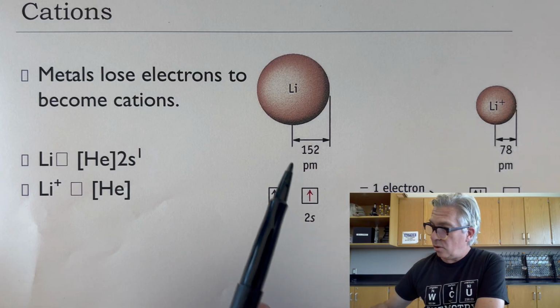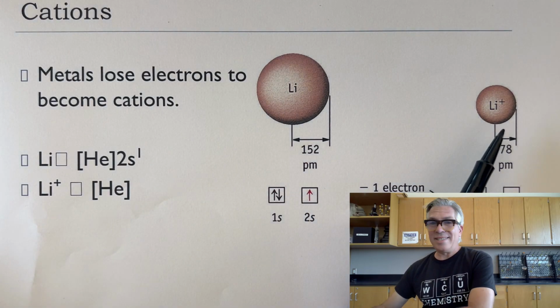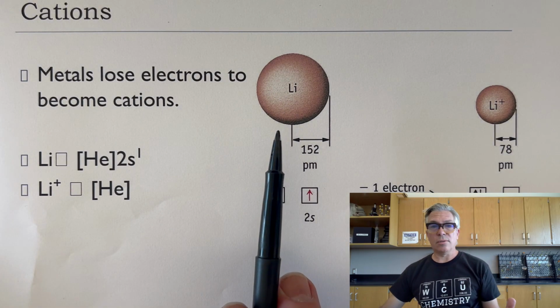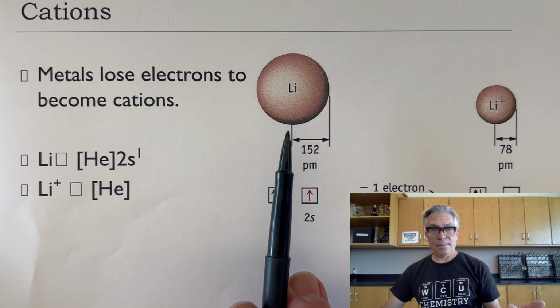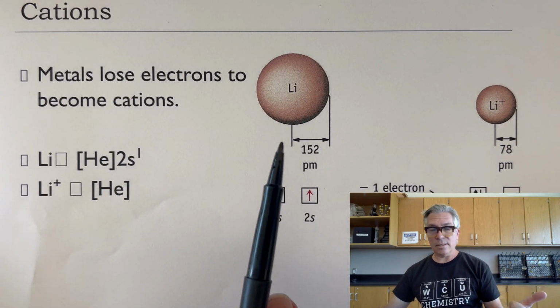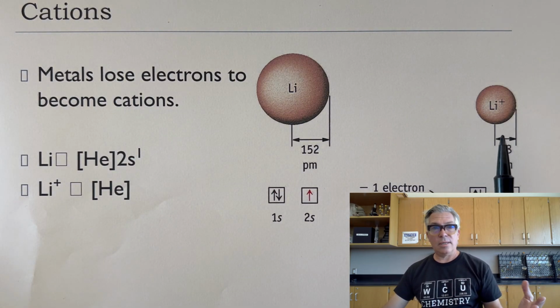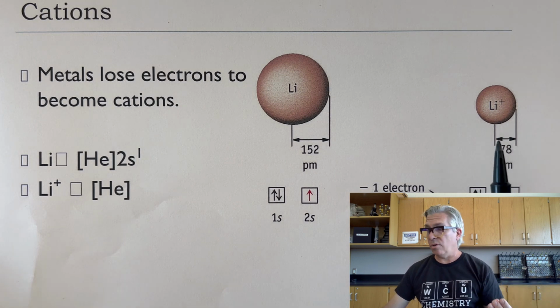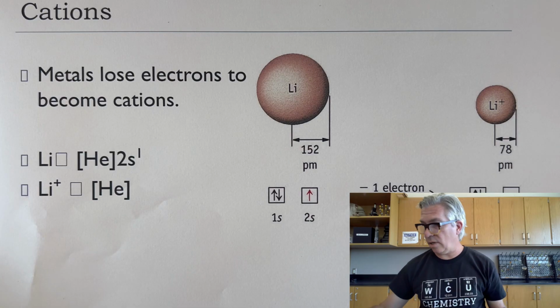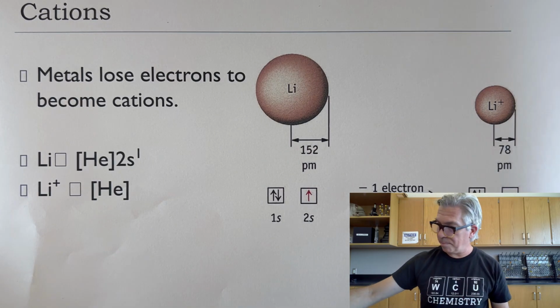Also, cations always get smaller than their original atoms because A, we've lost an electron, so there's less volume to occupy, and B, the remaining electrons are now ganged up on by the protons and held a little tighter. So according to Coulomb's law, that attraction gets stronger.